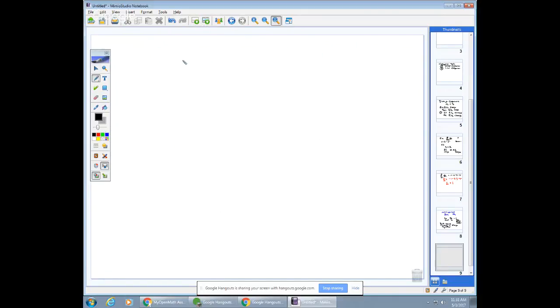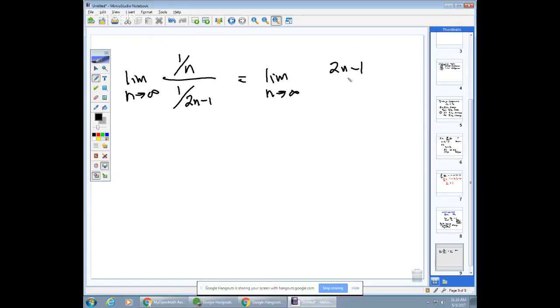So I have my 1 over n's divided by my 1 over 2n minus 1s. And I want to look at the limit as n goes to infinity. Well, multiplying by the reciprocal of the denominator, this becomes the limit as n increases of 2n minus 1 over n.